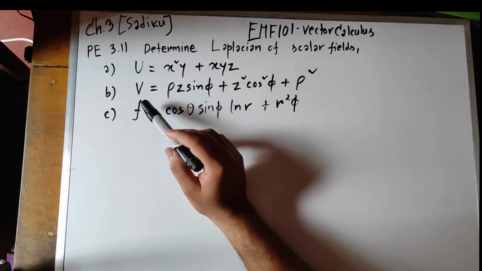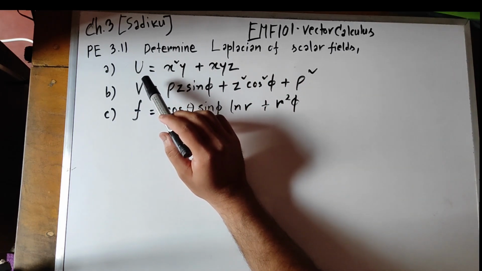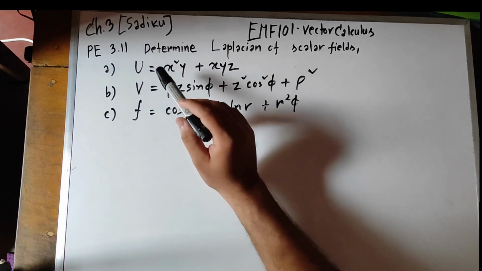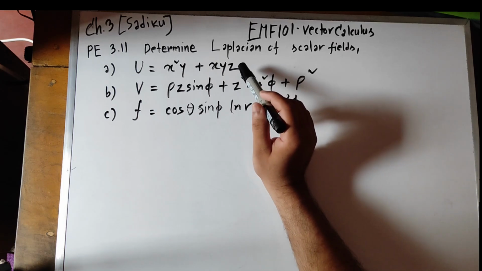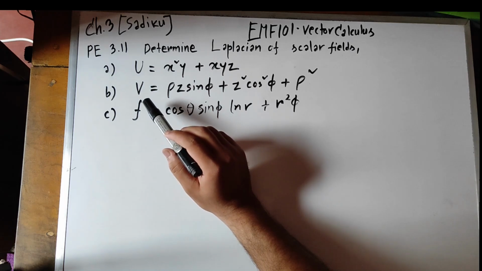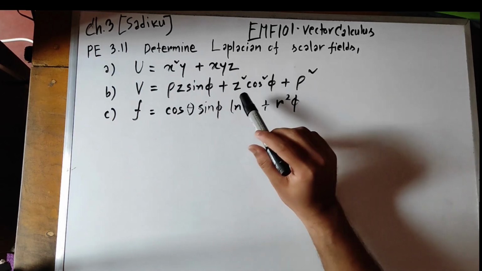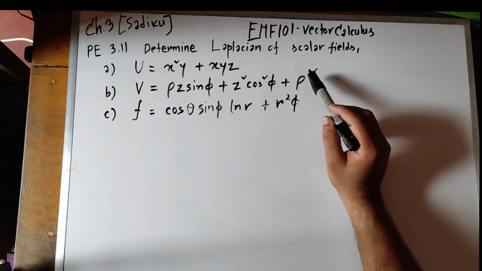The first scalar field u is in the Cartesian coordinate system, and the second scalar field v is rho z sin phi plus z square cos phi, z square cos square phi plus rho square, which is in cylindrical coordinate system.